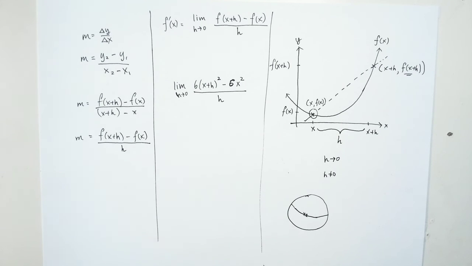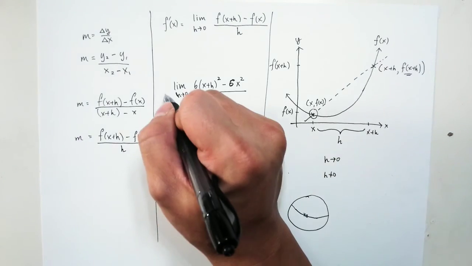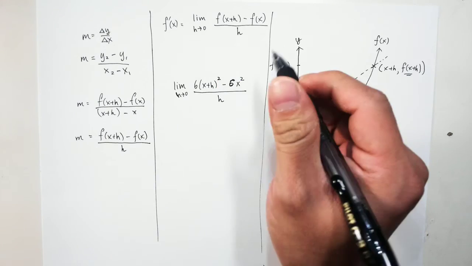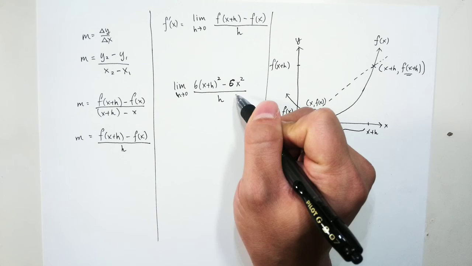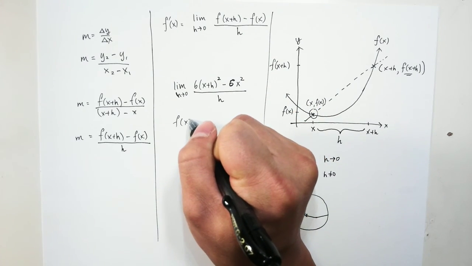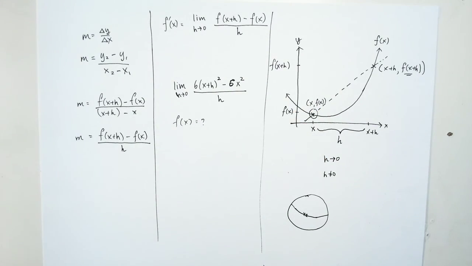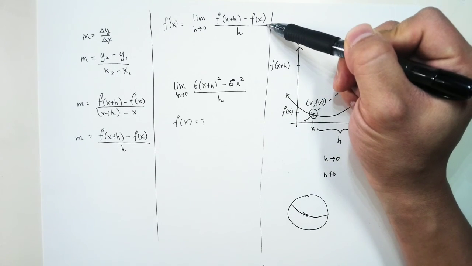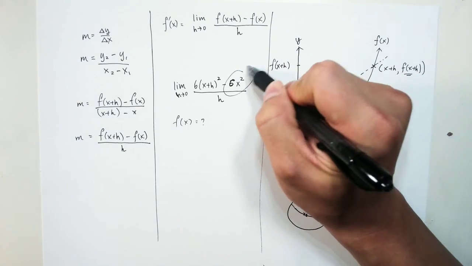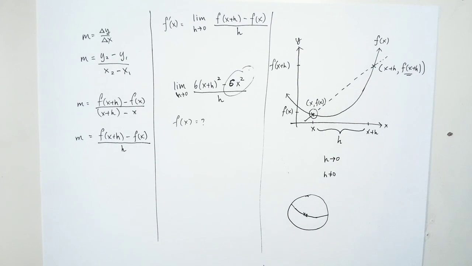Now, for some of you, you may think about expanding this, doing the FOIL, but if you really understand this concept and you understand the power rule, which you either have learned already or you're about to learn, we can analyze this expression very quickly. Well, this is the derivative definition. What is the function that we're talking about here? If you compare this expression with this expression side by side, this looks like the f of x.